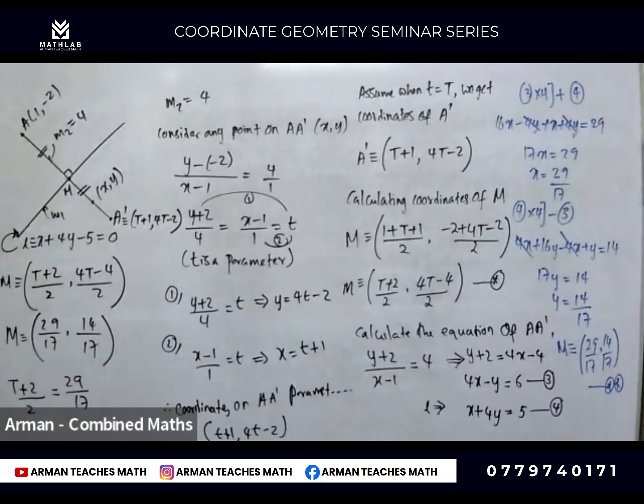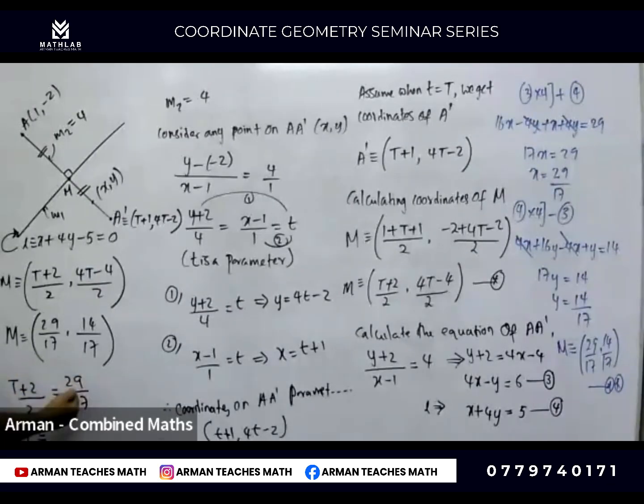If you take 2 to the other side, 58 over 17 minus 2. So 58 over 17 minus 2 means 34 over 17. So 58 minus 34 over 17. So you get t equals, take 2 to the other side, 29 times 2 is equal to 58, 58 over 17.